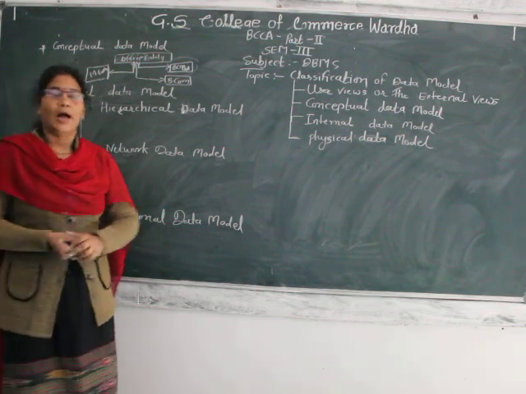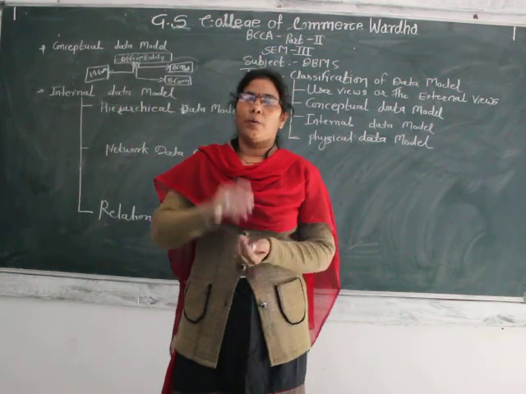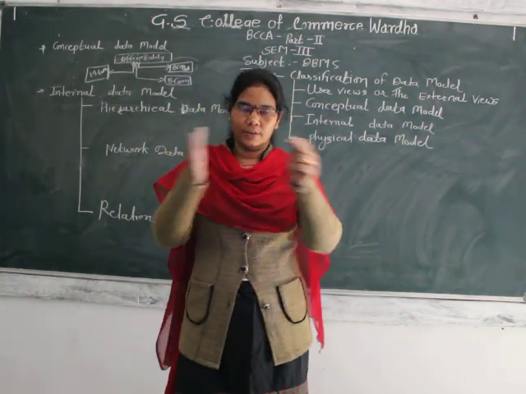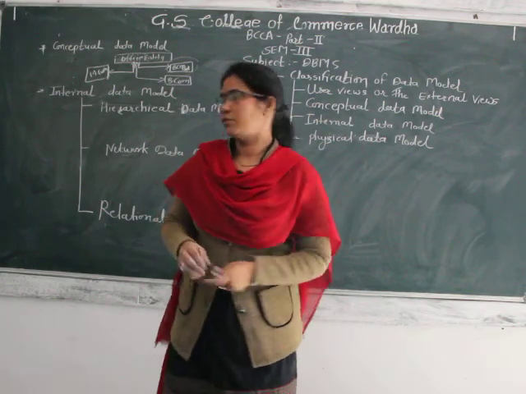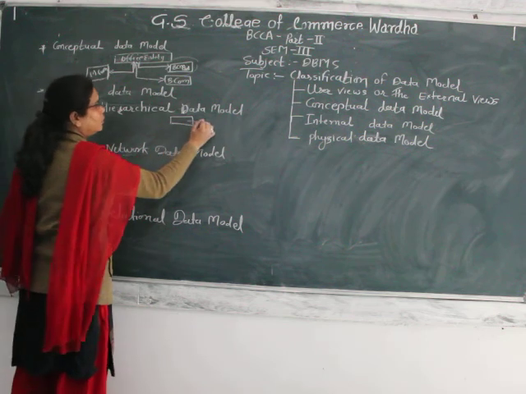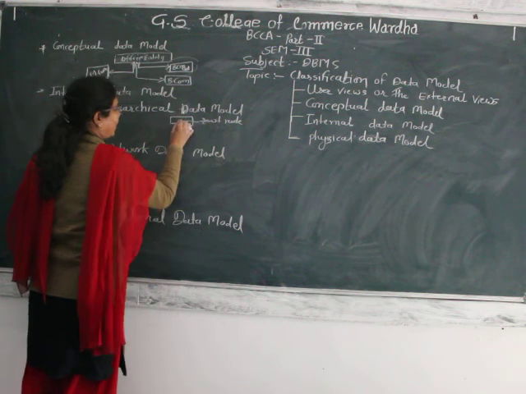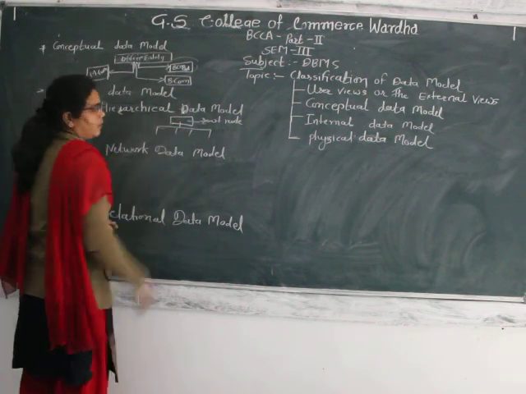Hierarchy is nothing but the tree view. Tree view means one root node, and after that we put the leaf nodes, like this: one is the root node, and after that we put the leaf nodes.